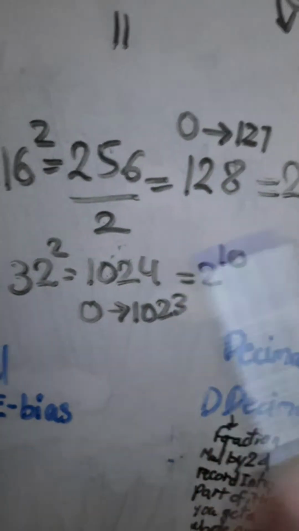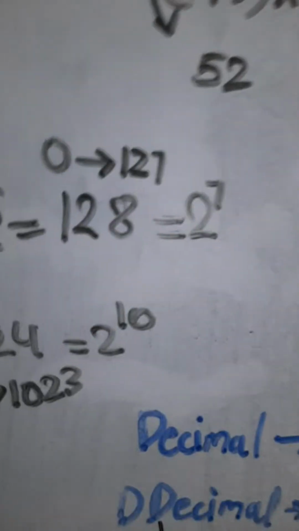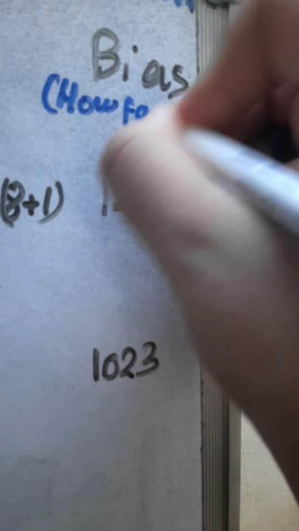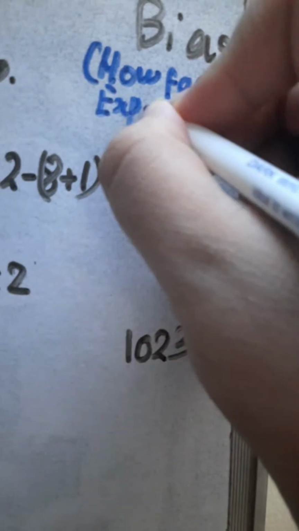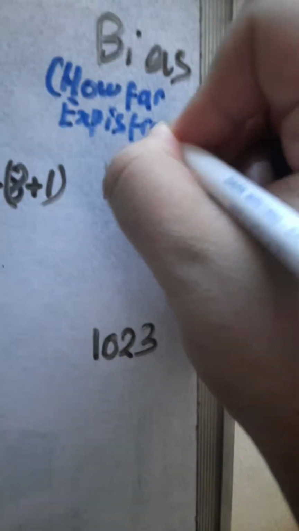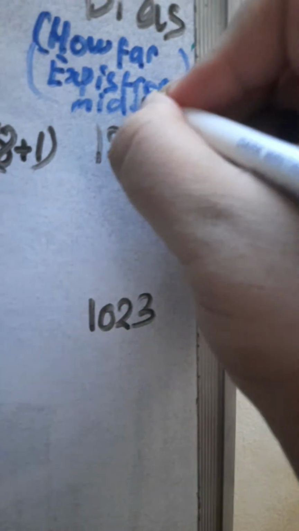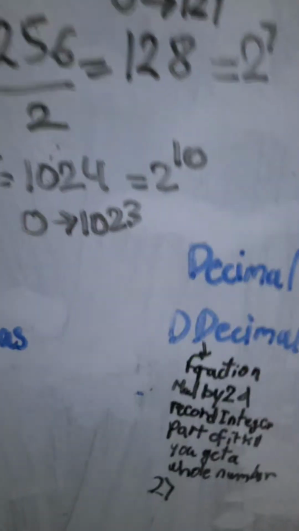Like 256 is the total combinations of number you can have, but 128 is the middle number, so that's what bias is. It shows you how far your number or exponent is from the middle. So that's what bias does.